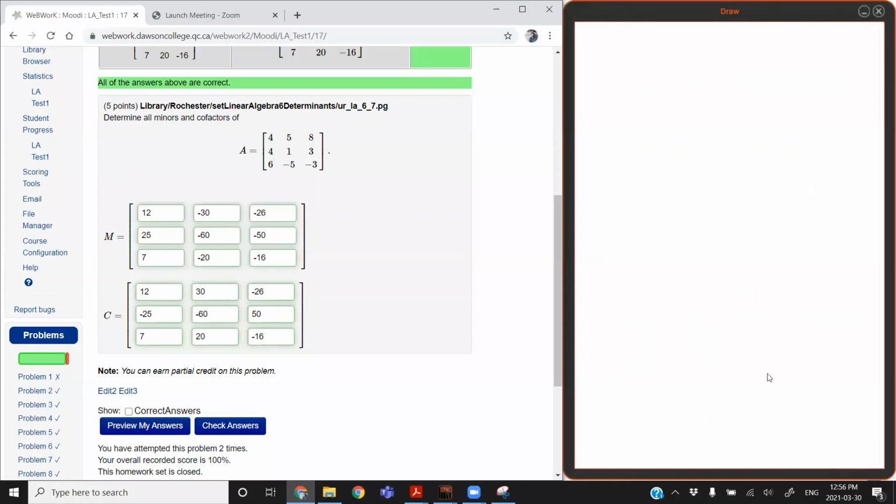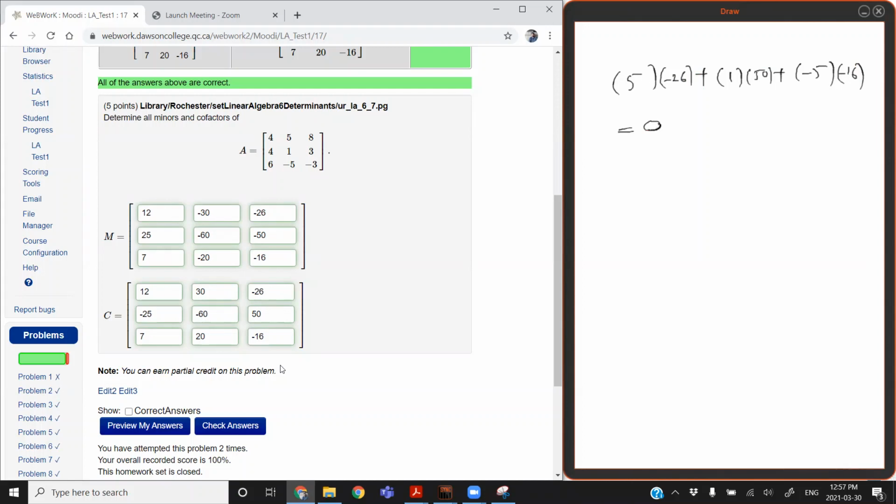Let's try that again. So imagine I take entries from the second column, 5, 1, minus 5, and multiply them by the cofactors from the third column, so minus 26, 50, and negative 16, and add them up. I will get 0.